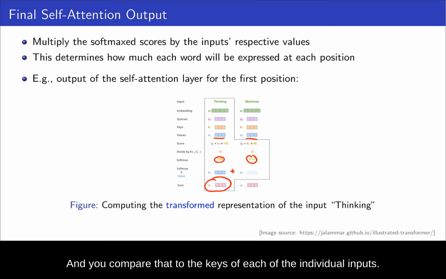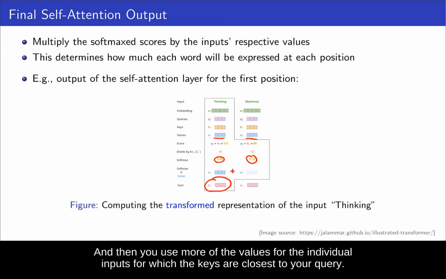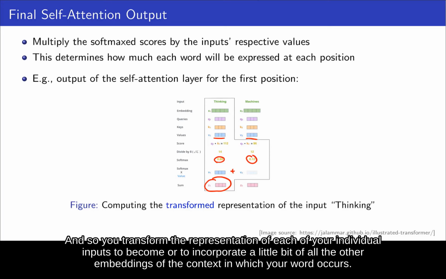And you compare that to the keys of each of the individual inputs, and then you use more of the values for the individual inputs for which the keys are closest to your query. And so you transform the representation of each of your individual inputs to incorporate a little bit of all the other embeddings of the context in which your word occurs.